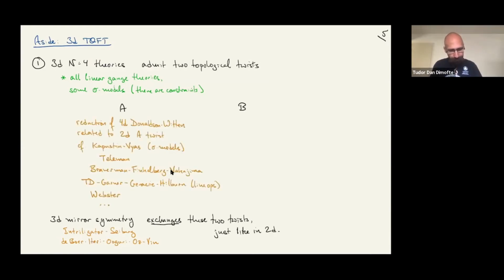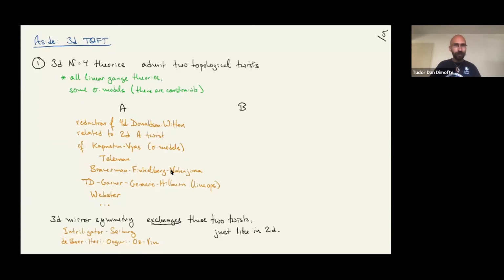To orient folks a little bit, the A twist is a reduction of the 4D Donaldson-Witten twist. Various aspects of it have been studied over the years. Some versions of the A twist and sigma models were described by Kapustin and Baas. Teleman described aspects of the relation between 2D mirror symmetry and 3D mirror symmetry, and evolving in a significant way is the 3D A twist.